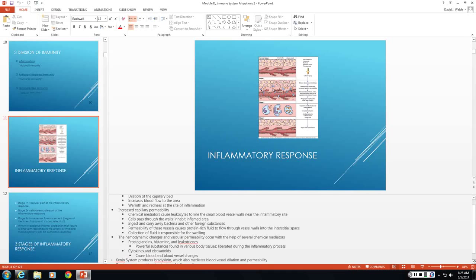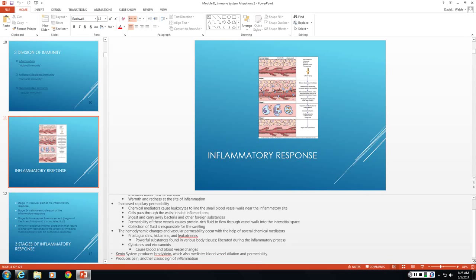And these are going to be prostaglandins, histamine, and leukotrienes. Now, these are powerful substances found in various body tissues, and they're liberated during the inflammatory process. Now, cytokines and eicosanoids are also used in this process, and these cause the blood vessel changes.